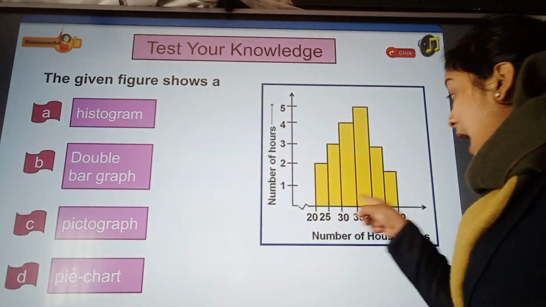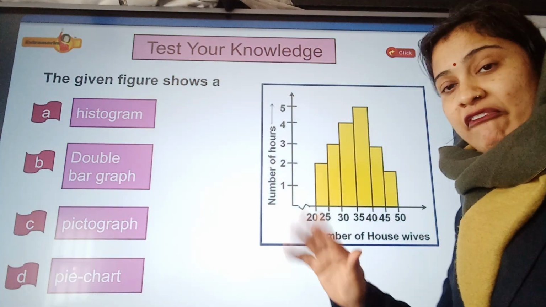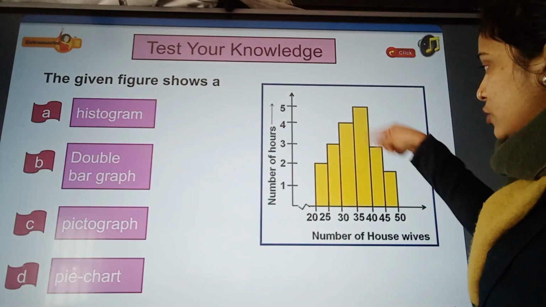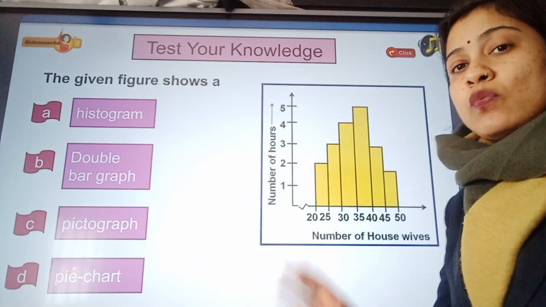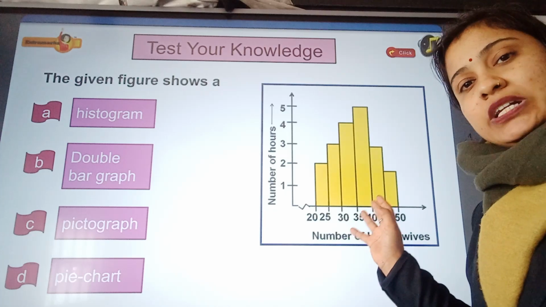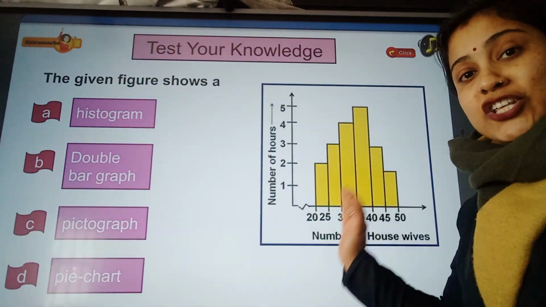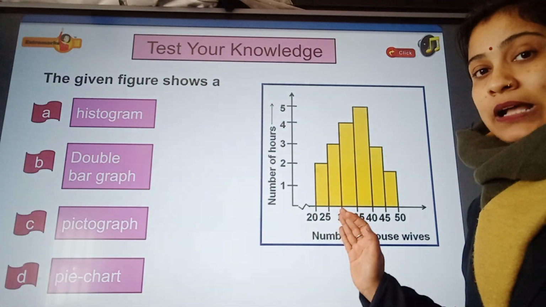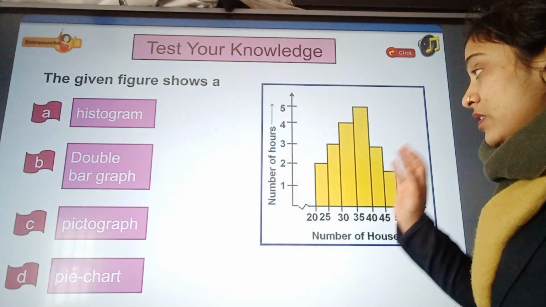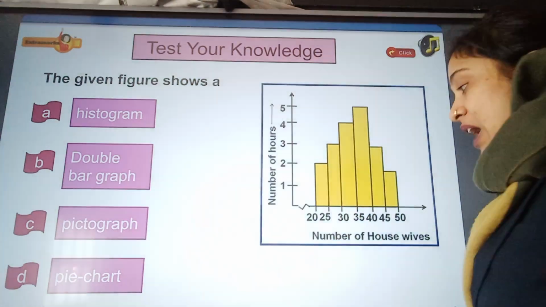Can you see the gap in the class interval is the same, 5, 5? And the rectangles we have drawn do not have any gap. So what kind of pictorial representation is it? It is a histogram. This form of data in which no rectangles have any gap among them represents a histogram.